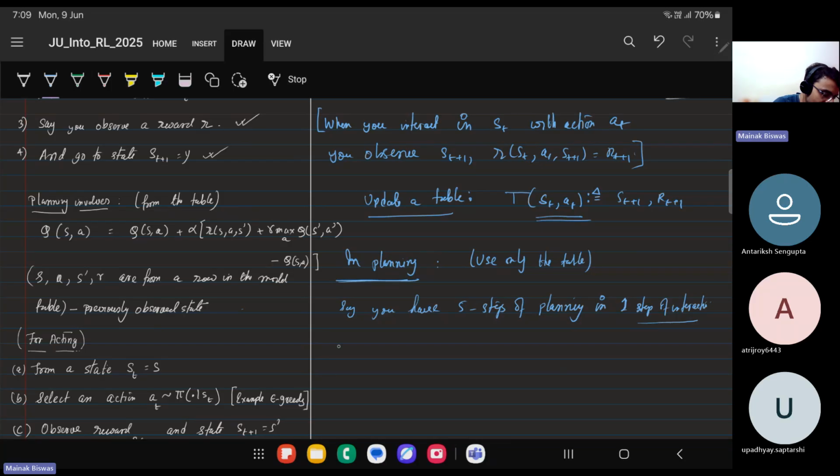So what you do is randomly sample s_t, a_t from the table and update.